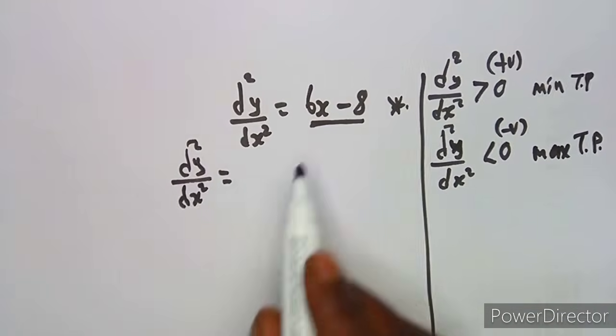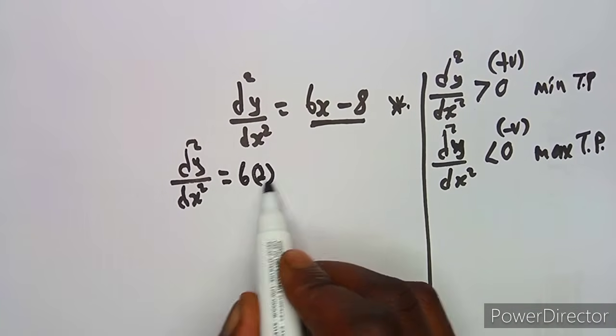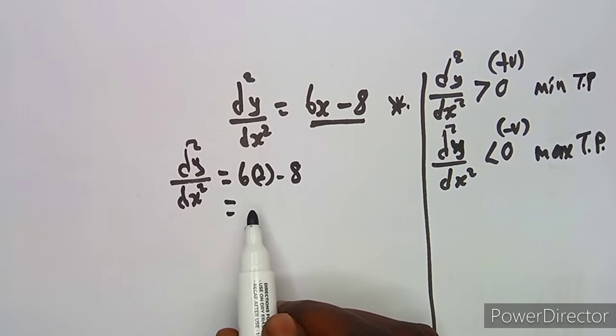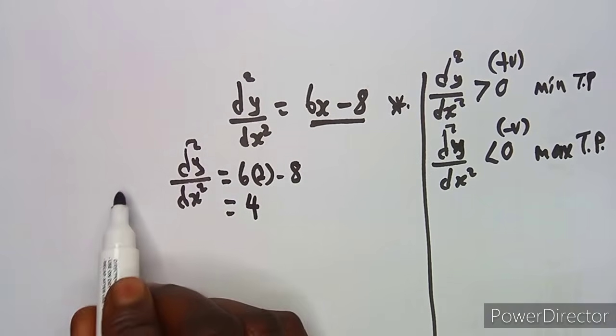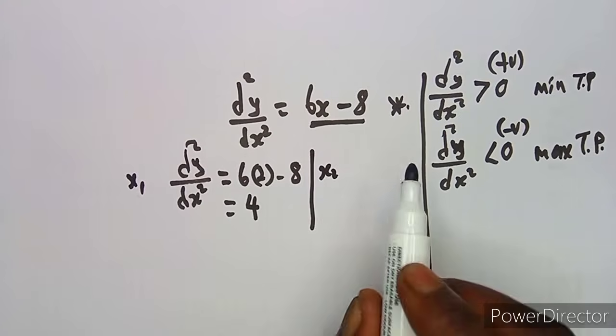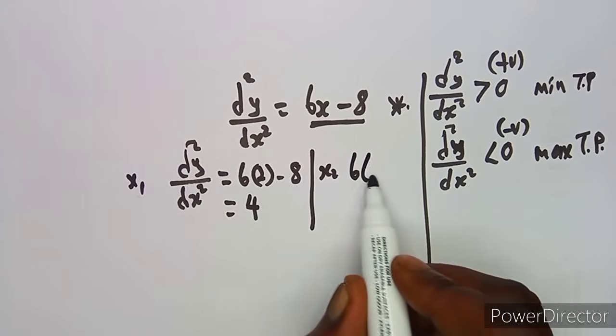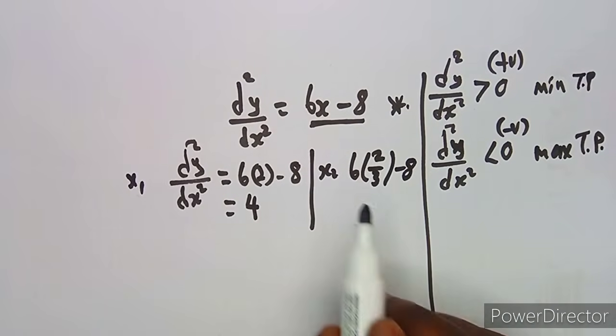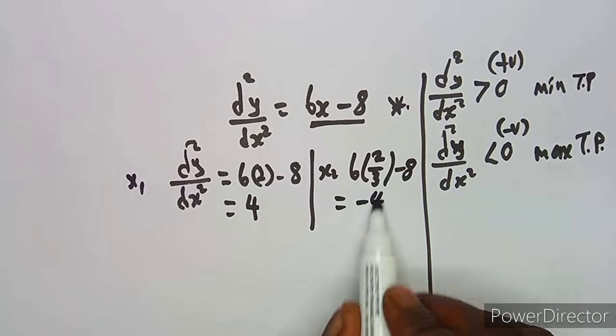So you're going to substitute 2 here. So 6 by 2 minus 8, which is going to give us a positive 4. From x2, we are going to have 6 into 2 over 3 minus 8, which is going to give us minus 4.